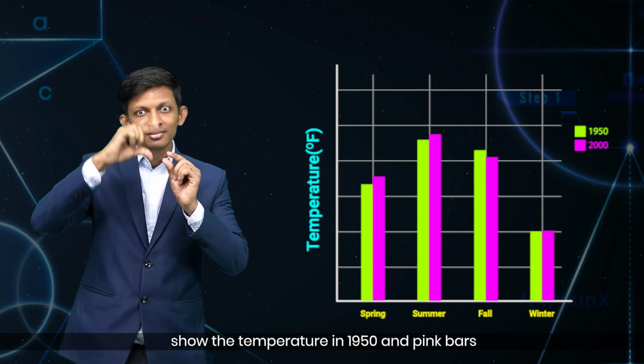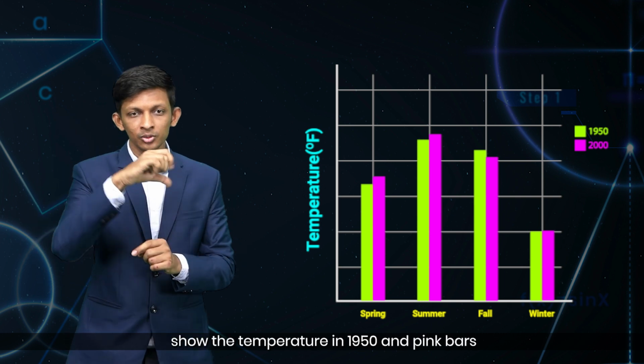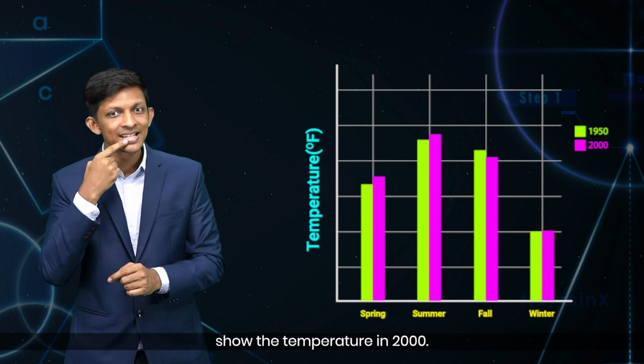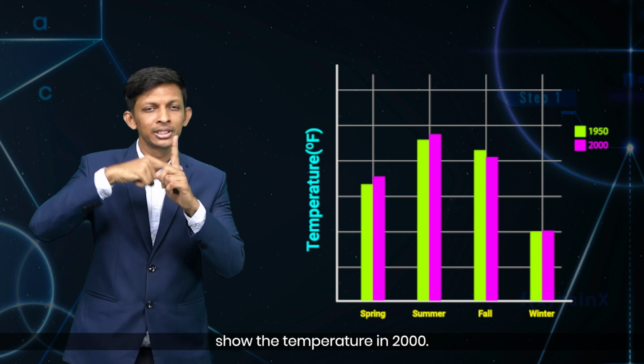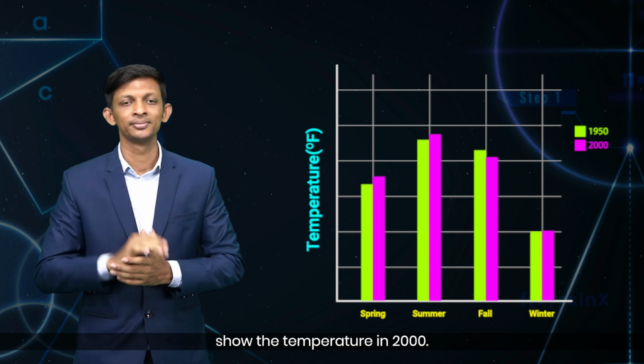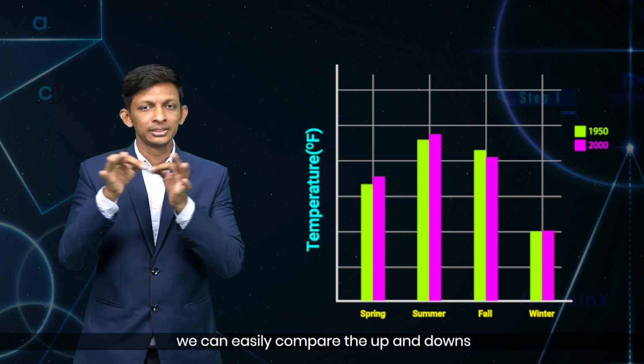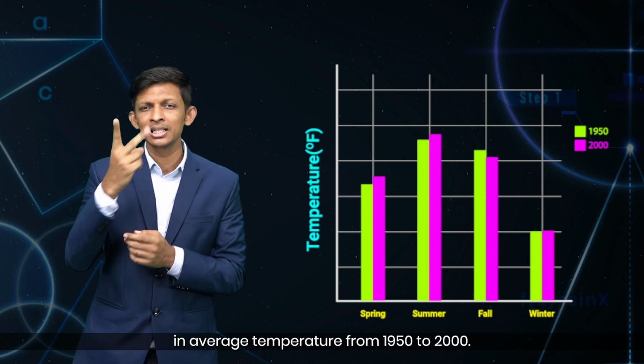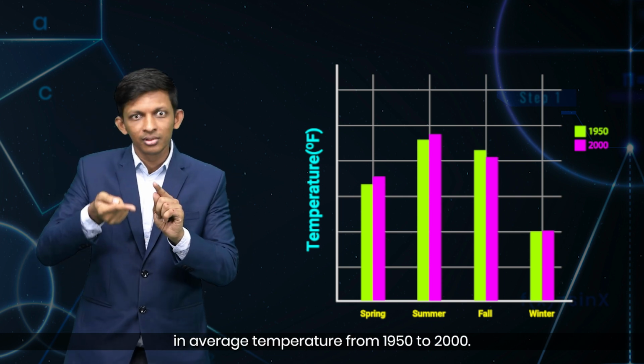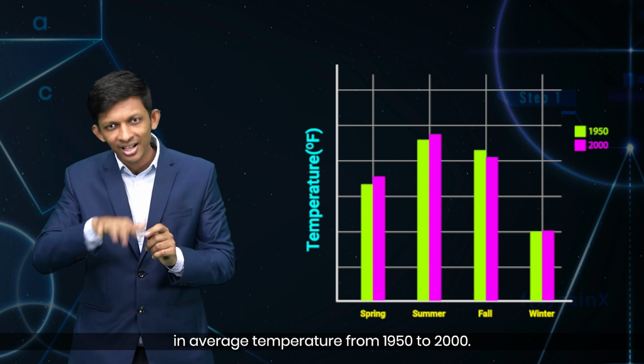Green bars show the temperature in 1950 and pink bars show the temperature in 2000. Hence, we can easily compare the ups and downs in average temperature from 1950 to 2000.